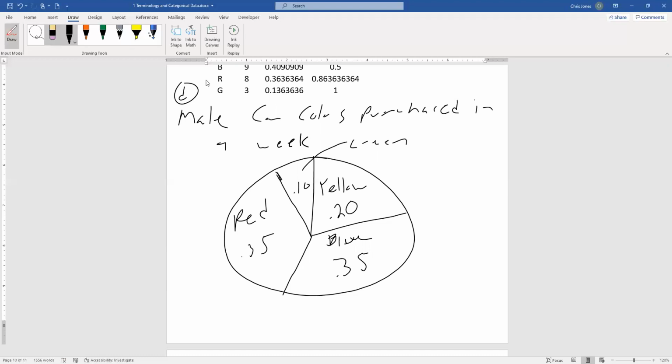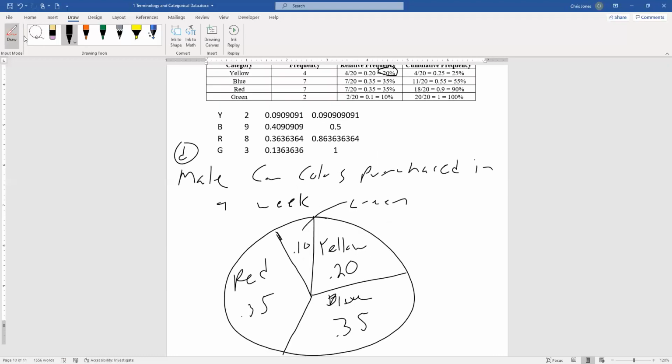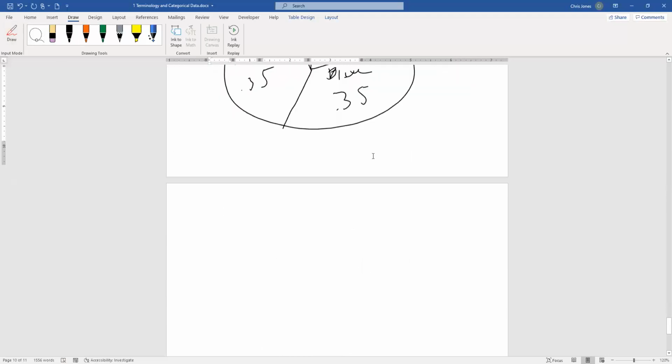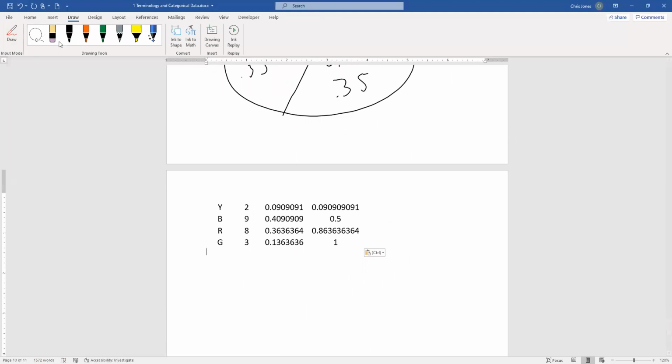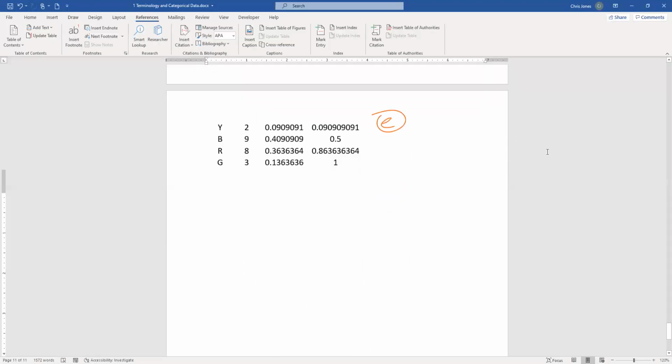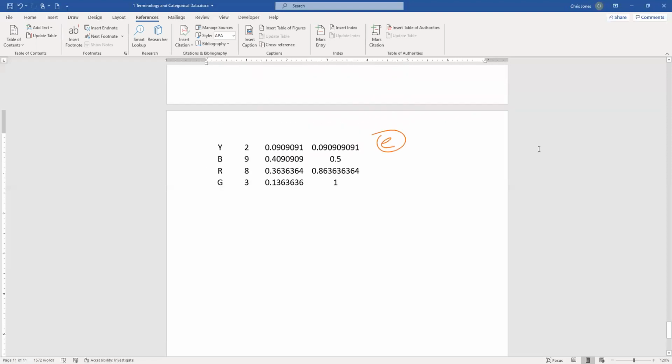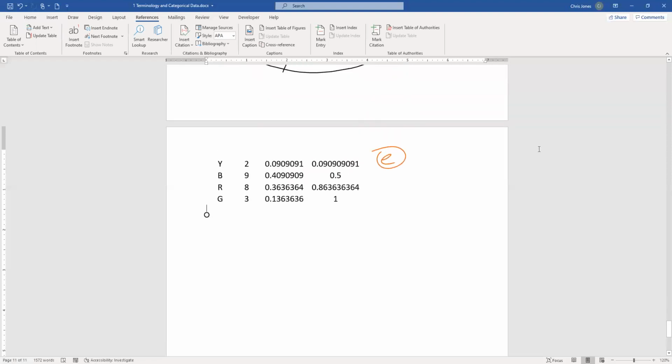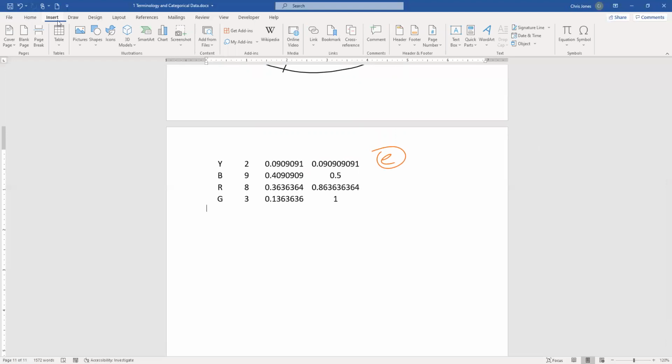All right. Now we're going to do the exact same thing for the female data. So I'm just going to copy and paste this distribution. And this is our part E. And for our female data, again, we're utilizing the relative frequency. Now remember, the third column is our relative frequency column.